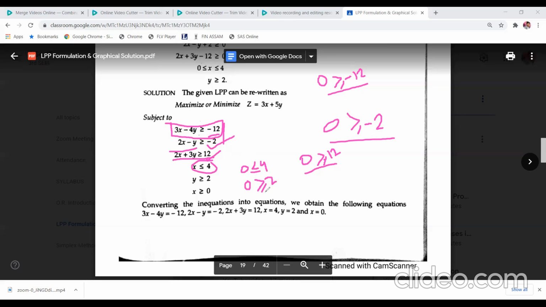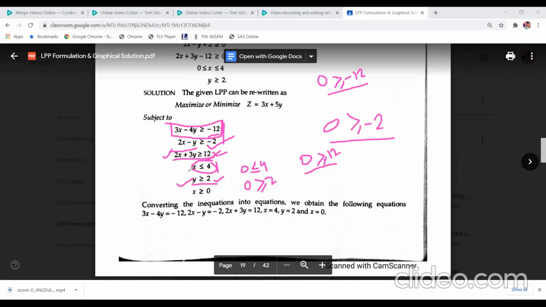But this is not true. 0 can never be greater than or equal to 2. So the solution region of this line will not contain the origin. So in the solution region of these two inequations, the origin will be there, but in the solution region of this and this, the origin will not be there.